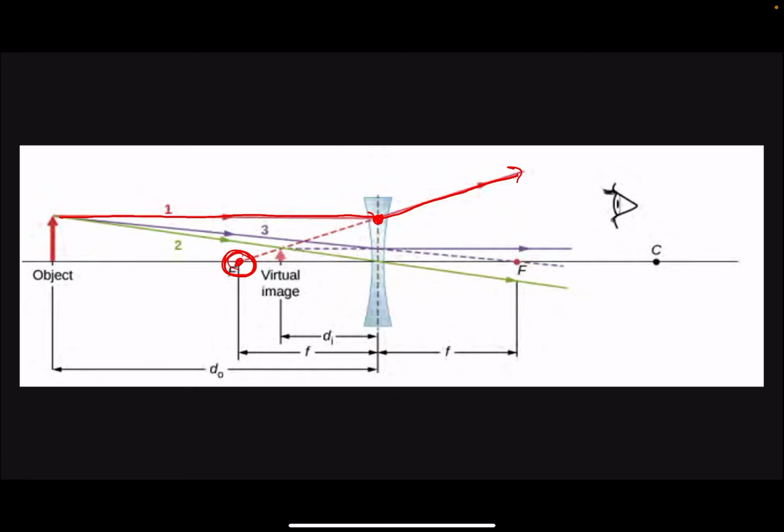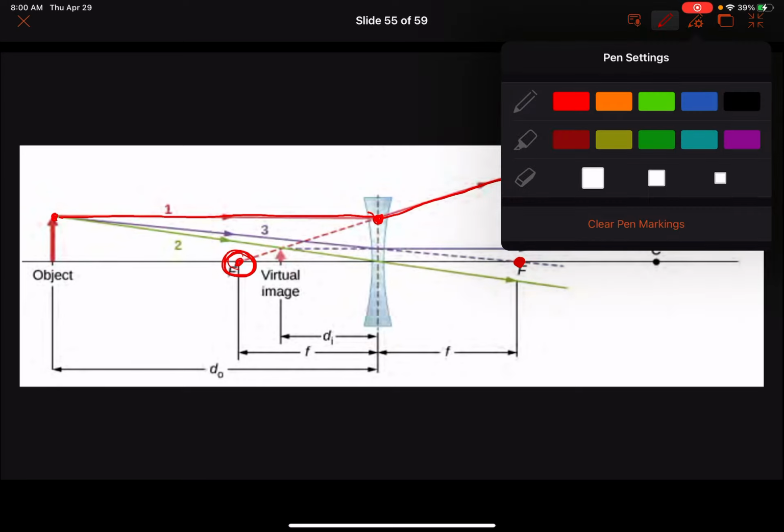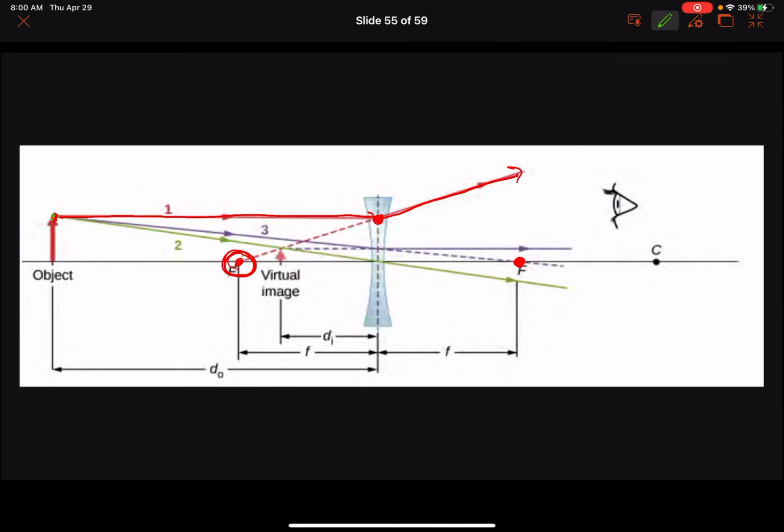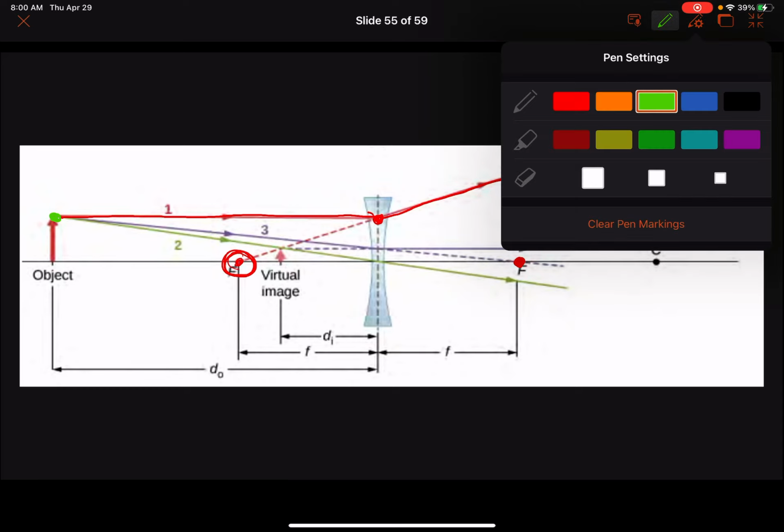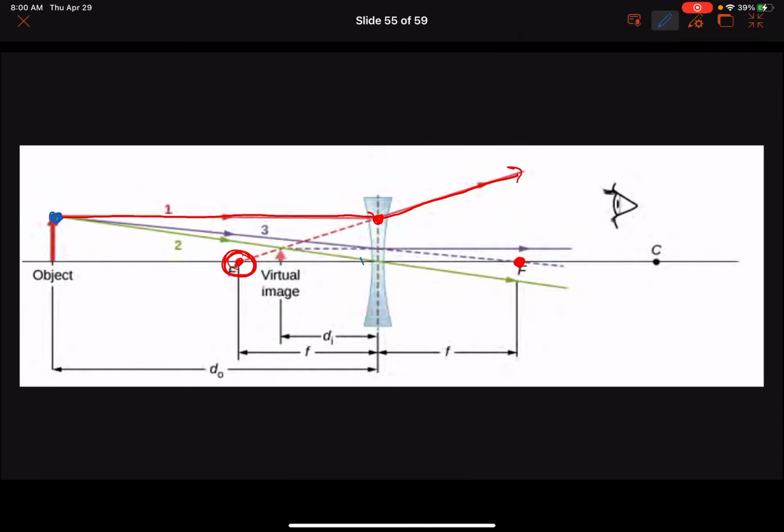And then when we do our focal ray, we're actually going to skip the center ray for a second. Our focal ray, we're going to aim towards the focal point on the other side. So we're going to aim here from this point. That's where we put the ruler. Let me do a different color to emphasize this a little bit. We're doing blue for that one, so let's do blue. You start here and finish here.